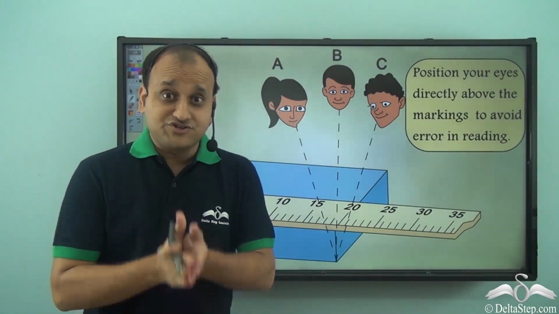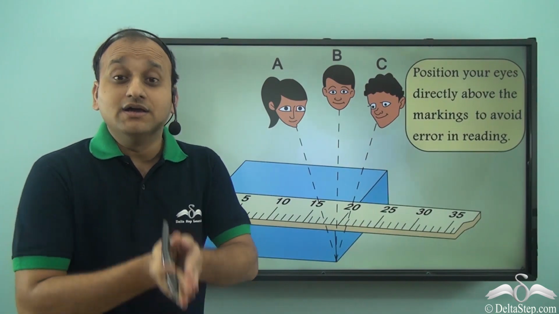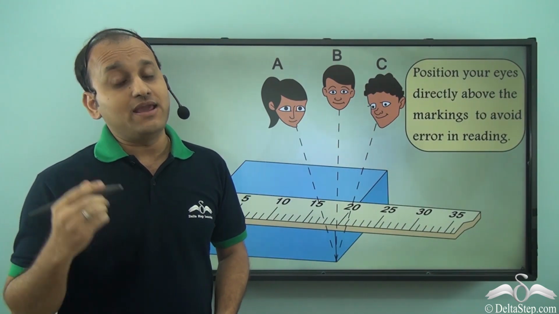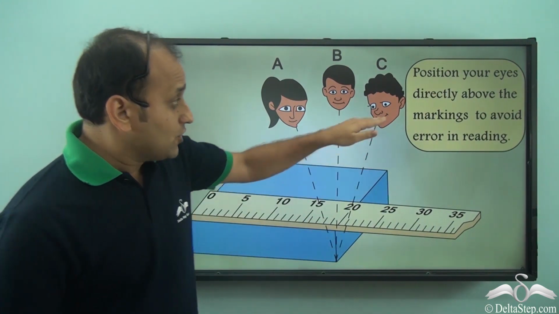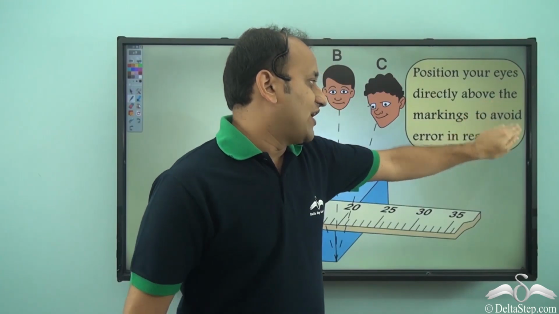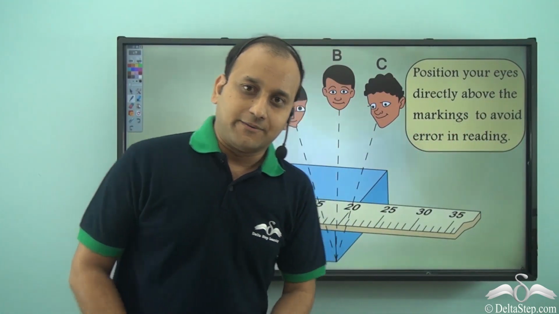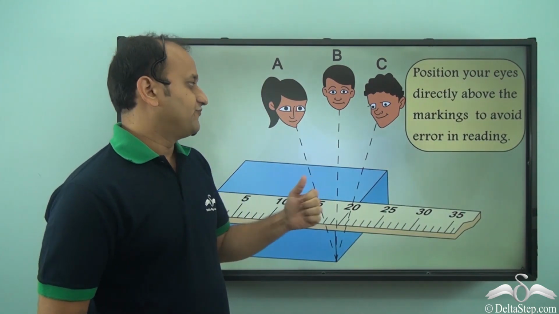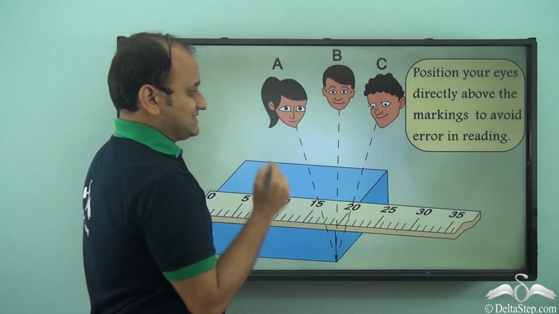Now, another thing which you need to keep in mind is that the position from which you are taking the reading is also very important. So, position your eyes directly above the markings to avoid error in reading. Now, why is this important? Well, let's see with this example.